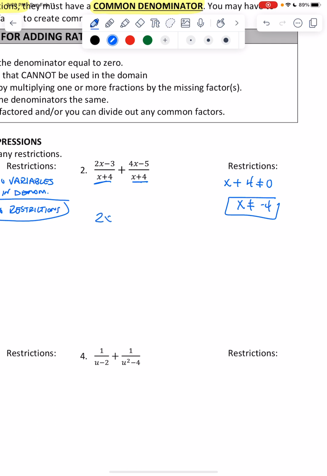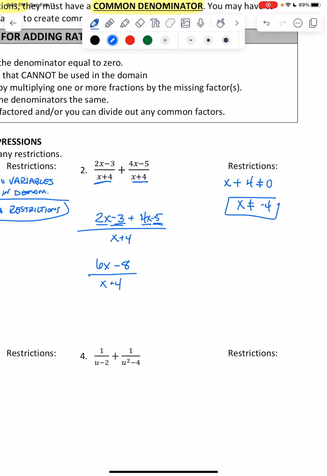So we're going to take 2x minus 3 plus 4x minus 5 over x plus 4. Add the tops, keep the bottom the same. Now we just combine like terms. 2x plus 4x is 6x. -3 minus 5 is -8 over x plus 4.